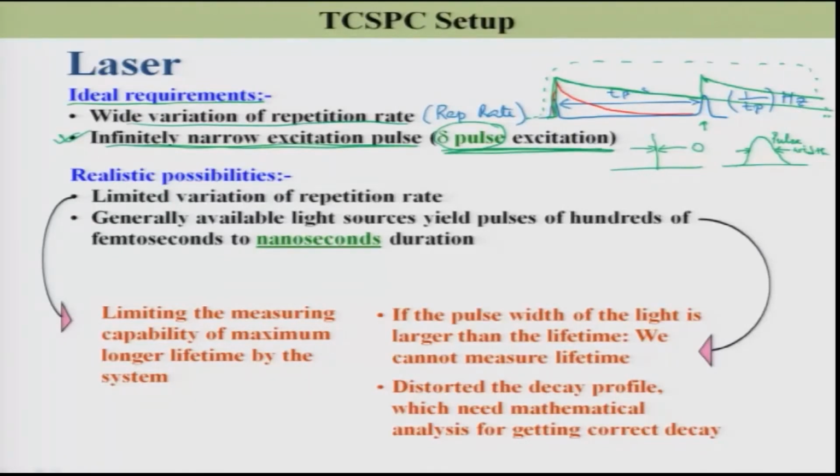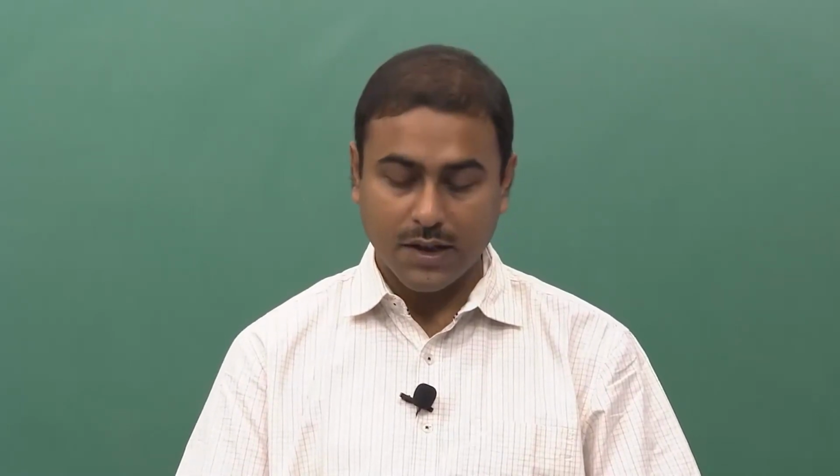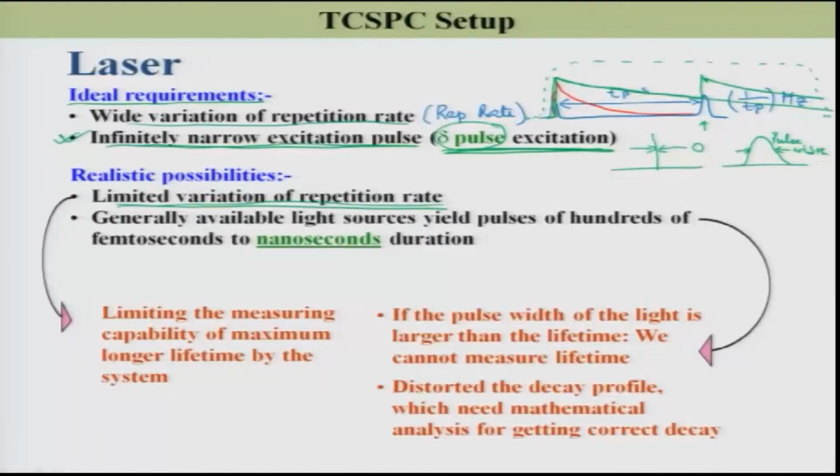But in reality, we always encounter a limited variation of the repetition rate. For a particular laser, the repetition rate may be, for example, 1 megahertz. Even if you wish to change it to 1 kilohertz, it is not possible.